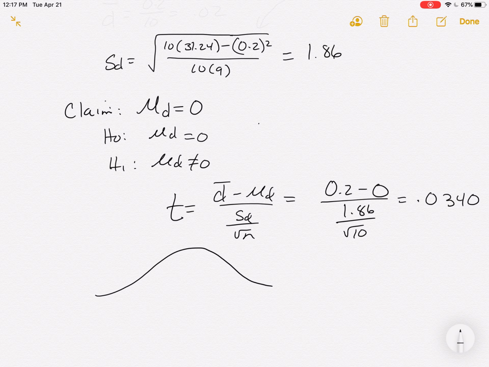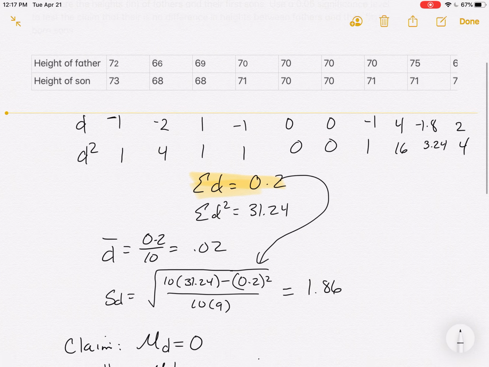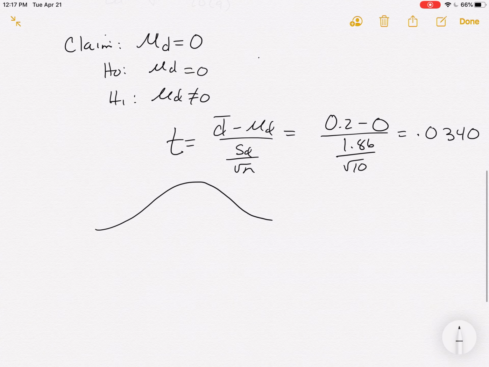It's a two-tailed test, right? And our significance level is 0.05, and our degrees of freedom is 9. So with 9 degrees of freedom and 0.05 in two tails, what do we have? Well, let's look that up. 0.05 in two tails should be the middle column, and it is. 9 degrees of freedom, and we get the value 2.262.